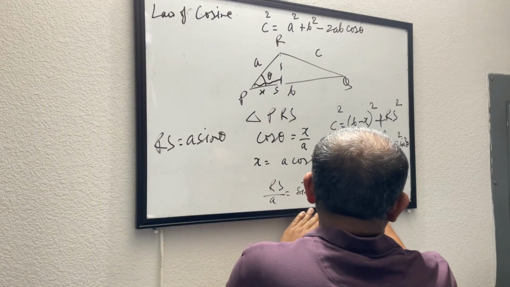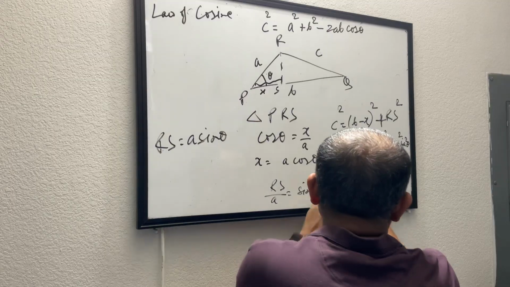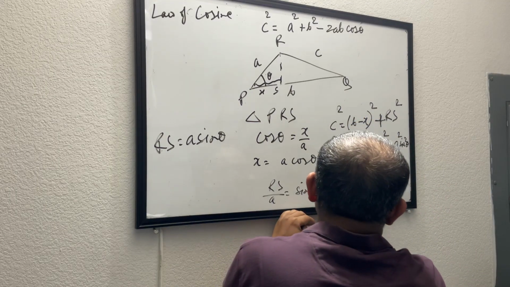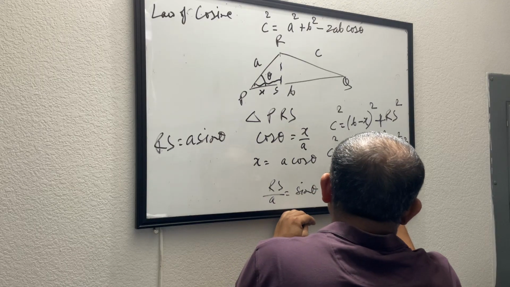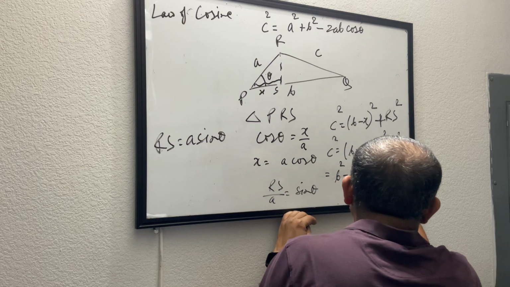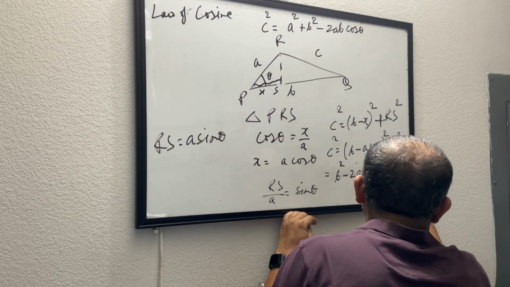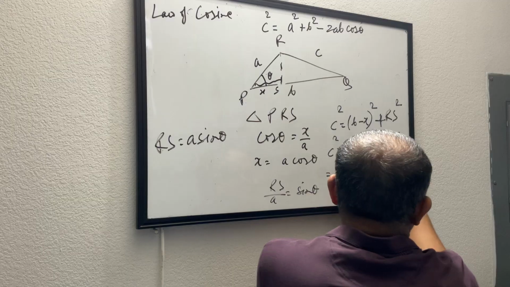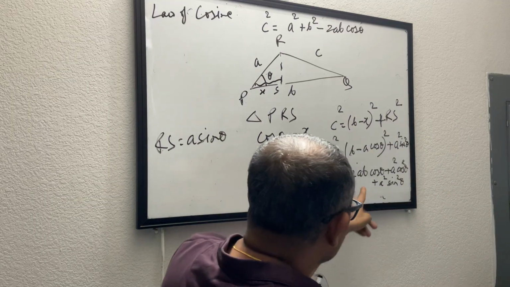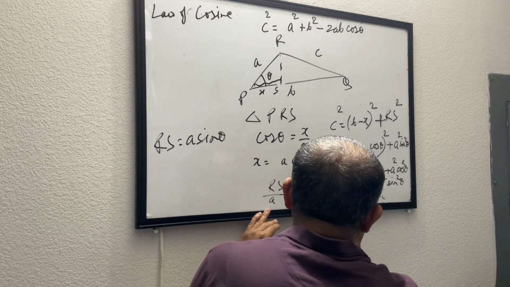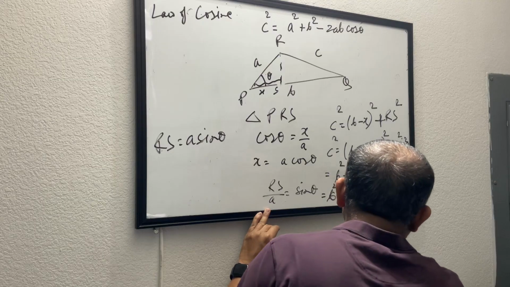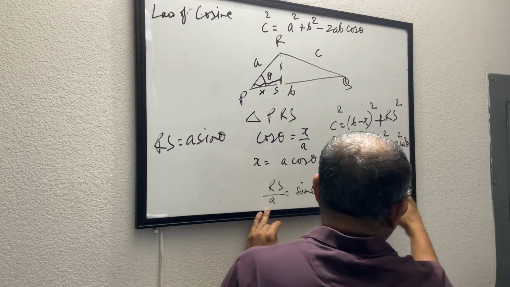So it's b minus A cos theta, whole squared. So this is A, this whole thing is B. So this will become B squared minus 2AB cos theta plus A squared cos squared theta. This whole thing became this, plus A squared sin squared theta. Now you see B squared minus 2AB cos theta plus A square cos square theta plus A square sin square theta.